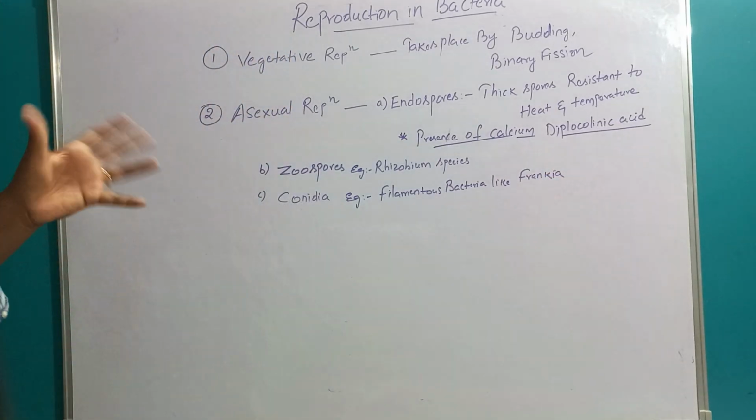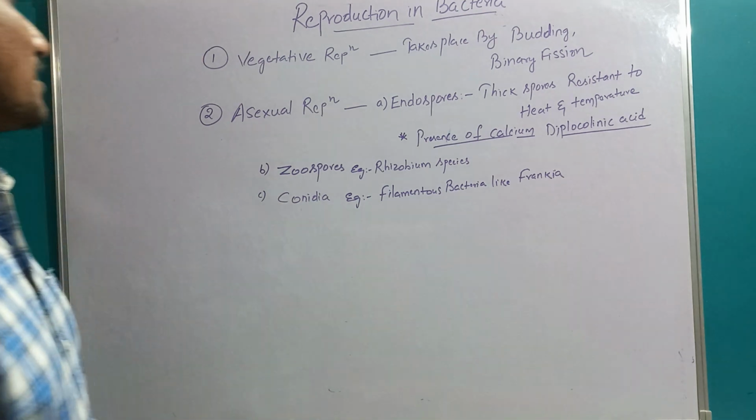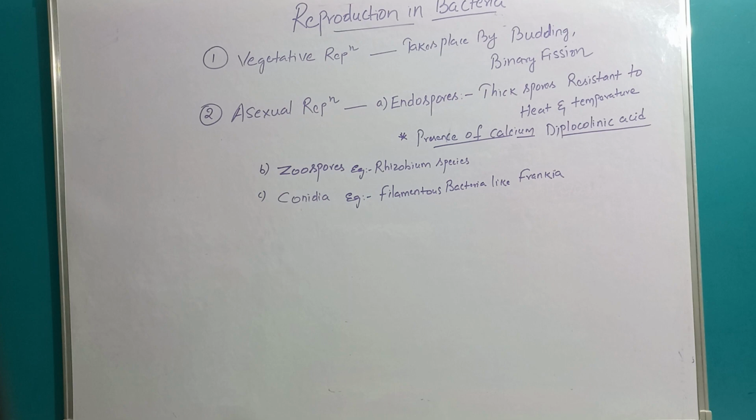So asexual reproduction takes place by endospores, zoospores, and by the formation of conidia.